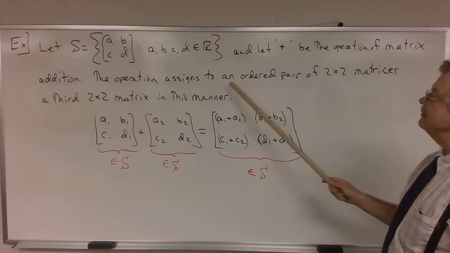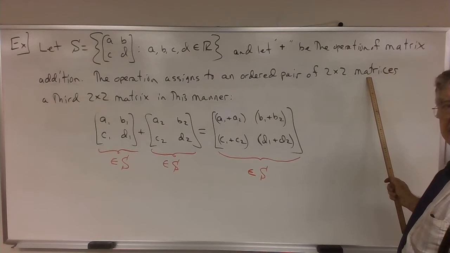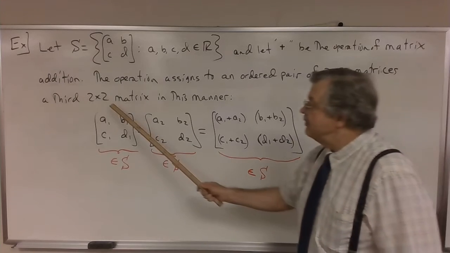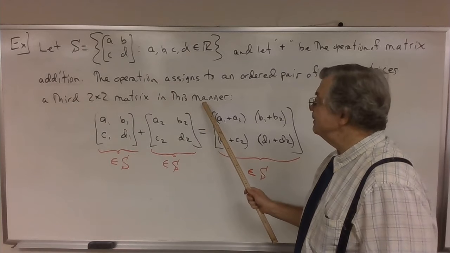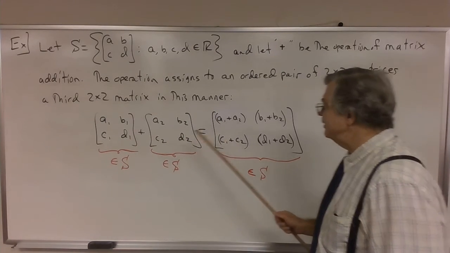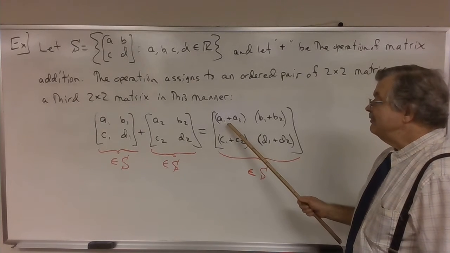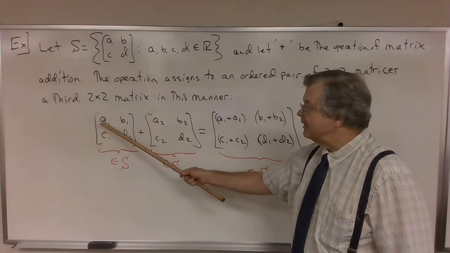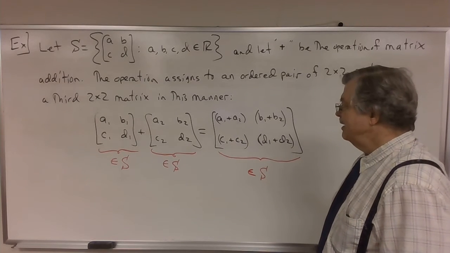So the operation assigns to an ordered pair of 2 by 2 matrices that have real number elements a third 2 by 2 matrix that has real elements, and it does it in this manner. This matrix plus this matrix equals this matrix, where each entry in the sum is the sum of the corresponding elements in the first 2 matrices.